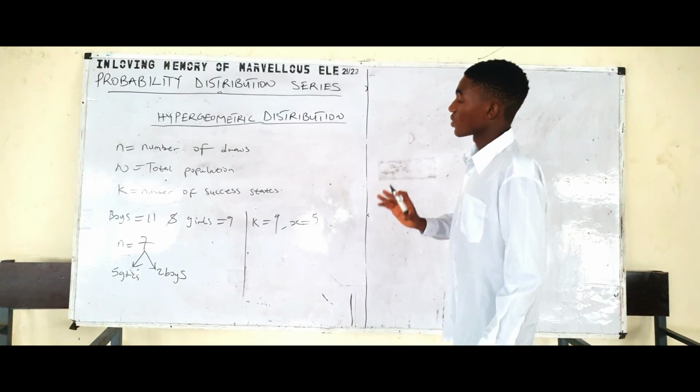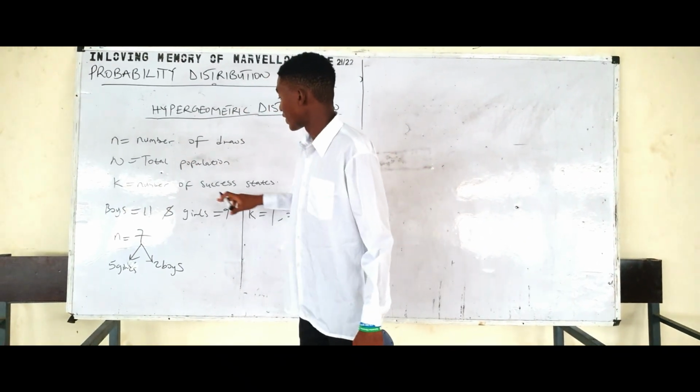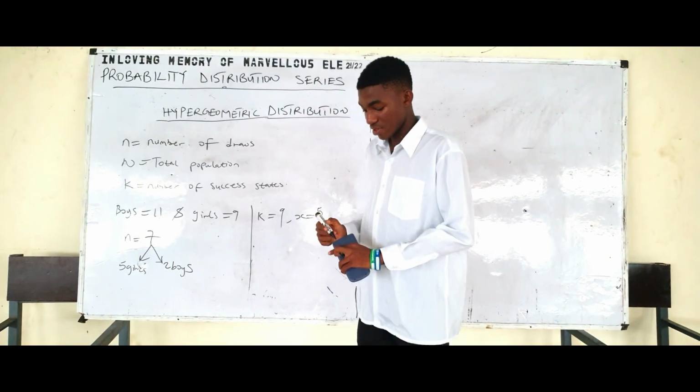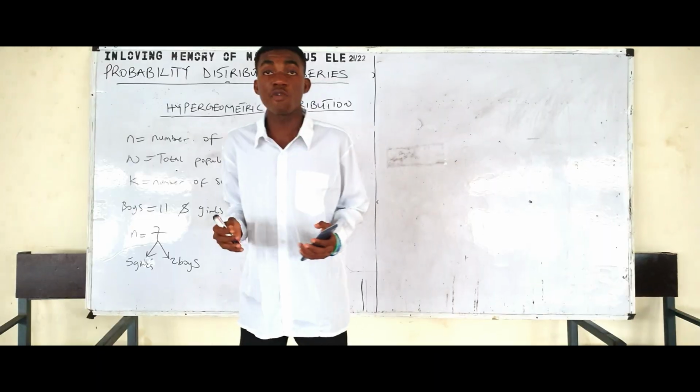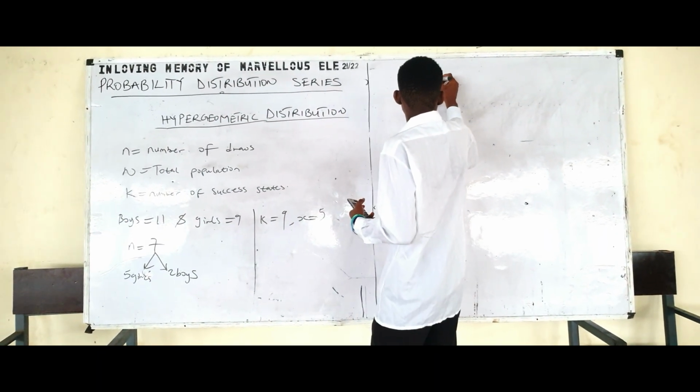So to summarize this scenario: capital N, the population, is 20; small n is 7; K, the number of success states, is 9; and X is 5. Now let me show you the general formula of the hypergeometric distribution.